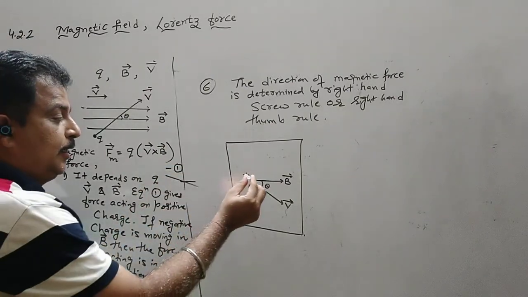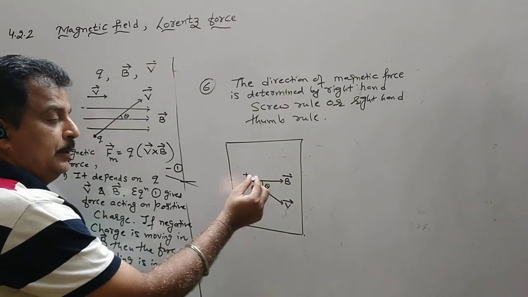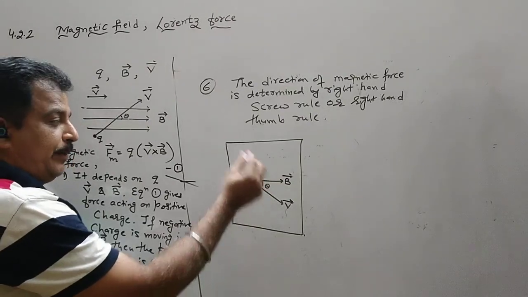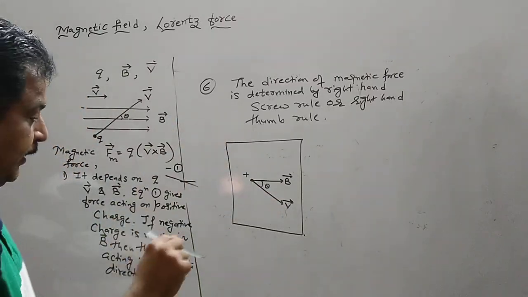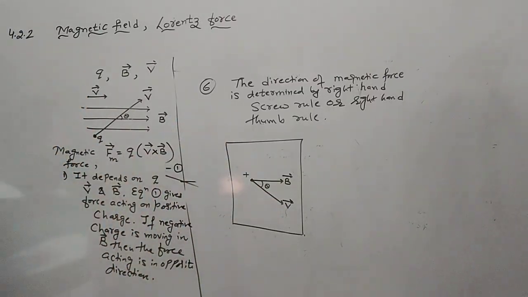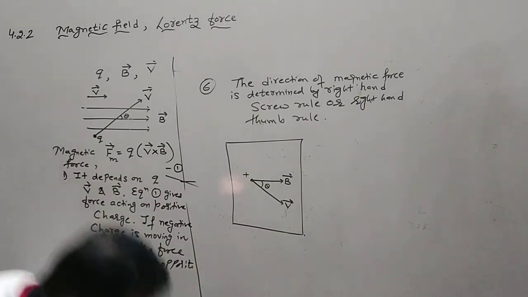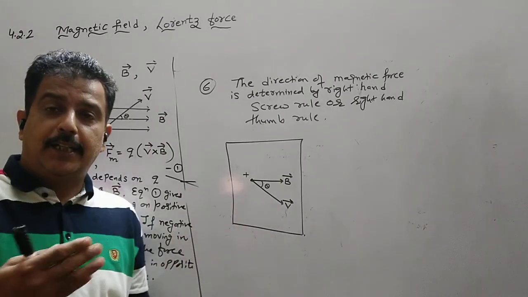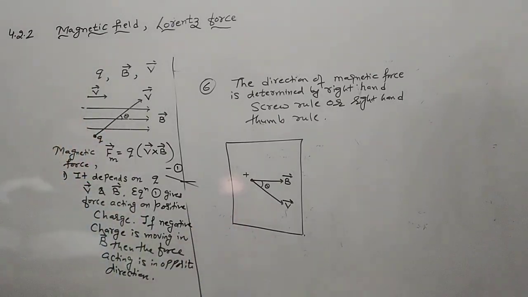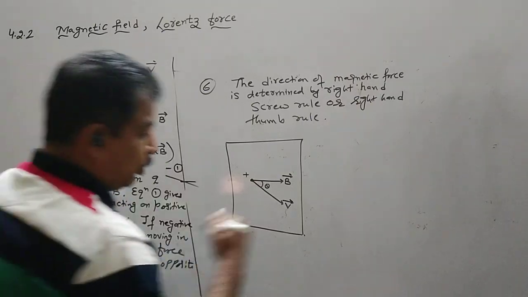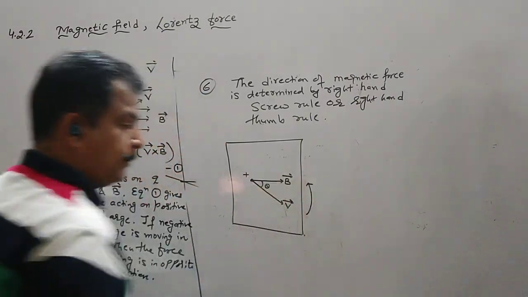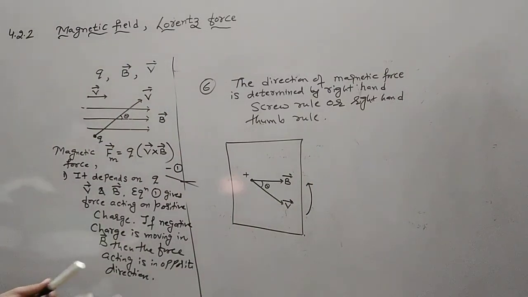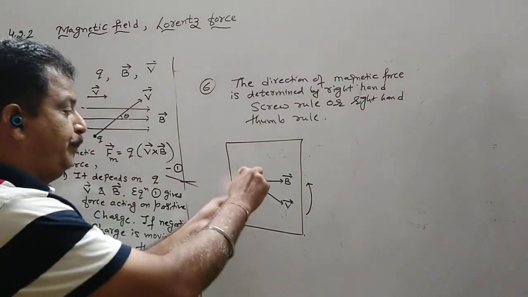That is, I keep a screw perpendicular to this plane and I rotate it in the direction from V to B. So this is the right hand screw rule, which you have studied in standard 11th for a cross product. So I rotate this screw from V to B.